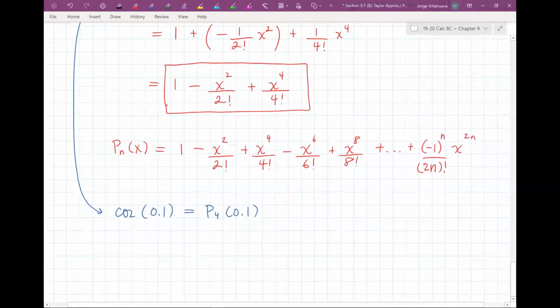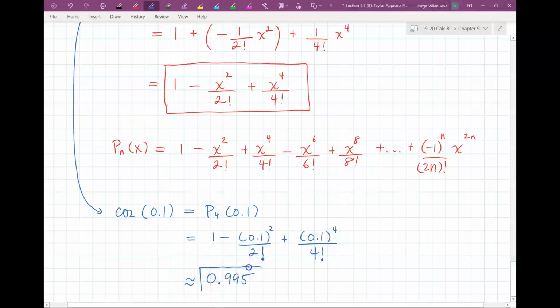So in other words, we're going to plug it in. 1 minus 0.1 squared over 2 factorial plus 0.1 to the 4th over 4 factorial, which is approximately 0.995. So we'll stop there.